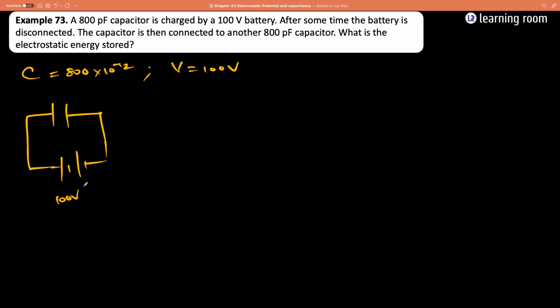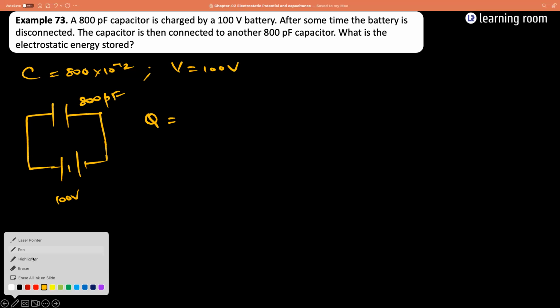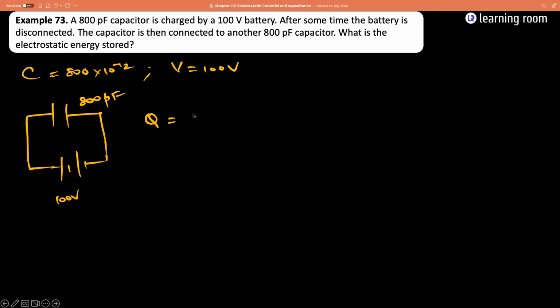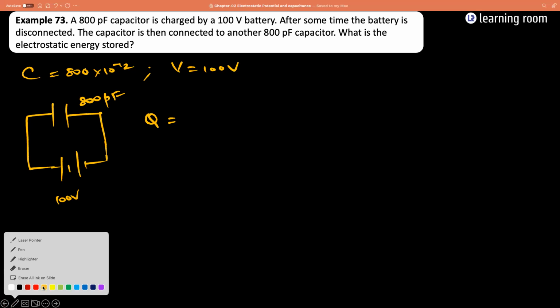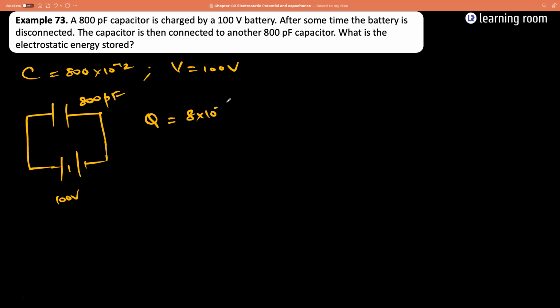So you have 100 volt here, 800 picofarad here. Now my question is, what is going to be the charge that is getting stored on this? It will be 8 into 10 power minus 8 coulomb, right?